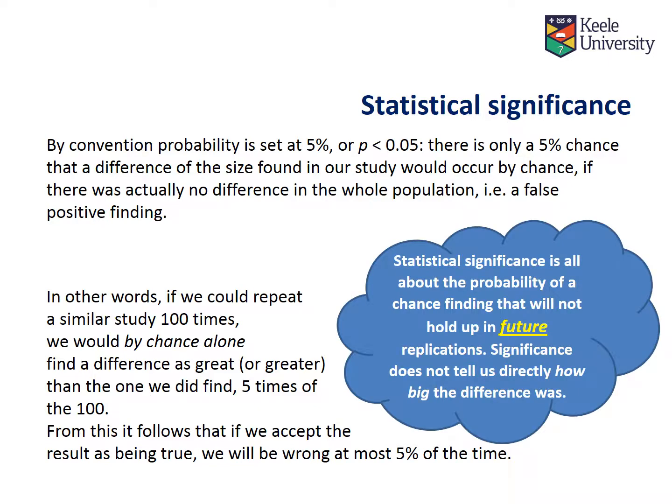So statistical significance, putting it another way, is all about the probability of a chance finding that will not hold up in future. Significance does not tell us directly how big the difference was in the study, but it tells us about the future. This concept can appear a little bit convoluted, but if we get our head around it, it is about the probability of finding that your results are wrong or false, and it should be less than 0.05.